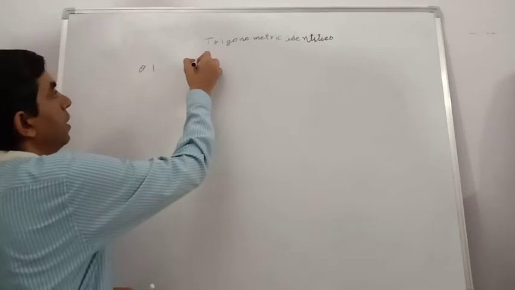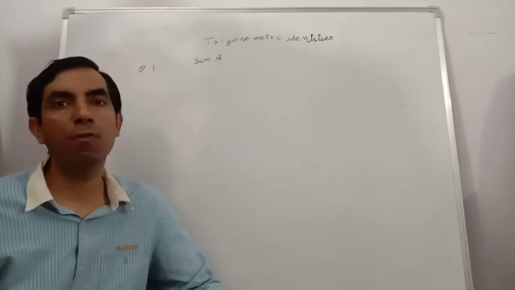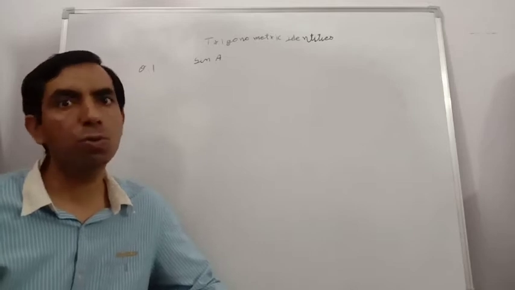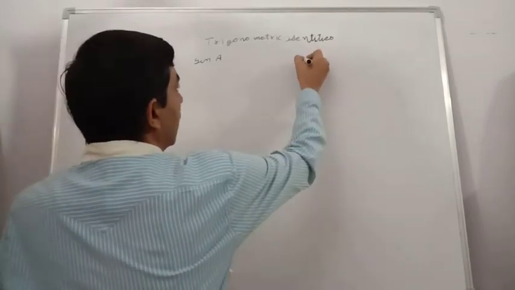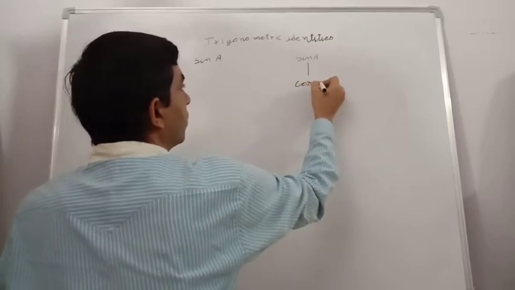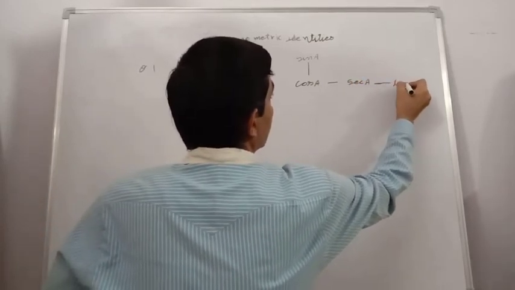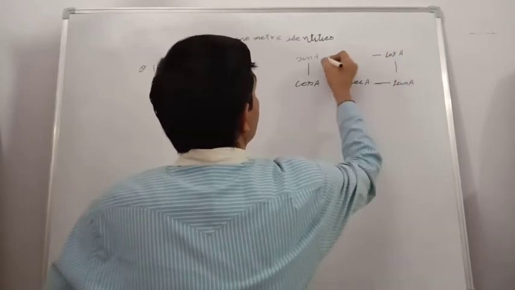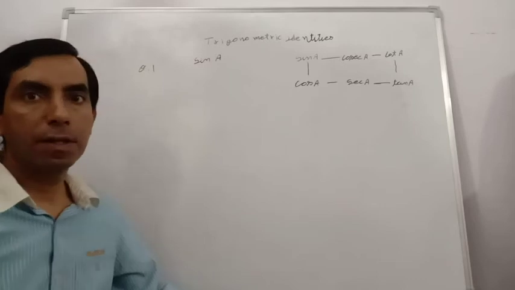Sin A means I have to write all trigonometric ratios in the form of sin A. In the last classes I made a circuit for sin A. It is a circle.